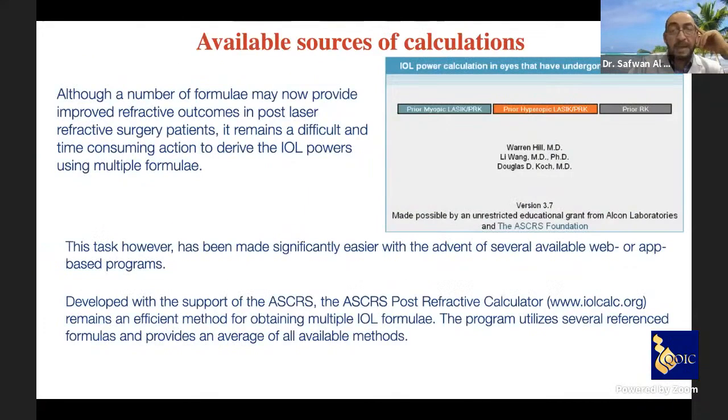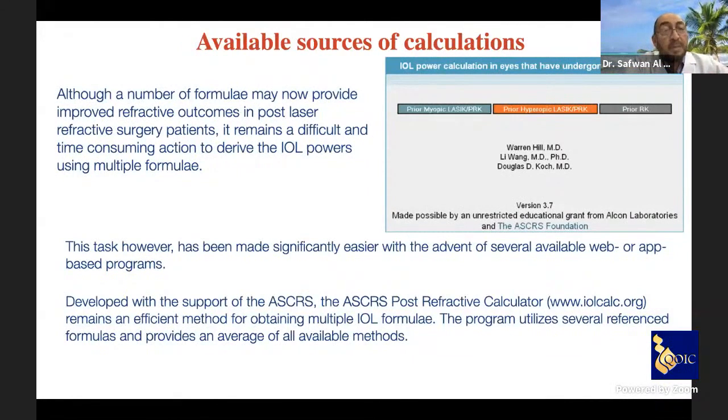Now, if we go to the practical information that we are using, it is the IOL power calculation in the eye with ASCRS, and these are the forms that they are using prior to myopia, where there is a certain modification, and prior to hyperopia, the other modification, and prior to RK, radial keratotomy.